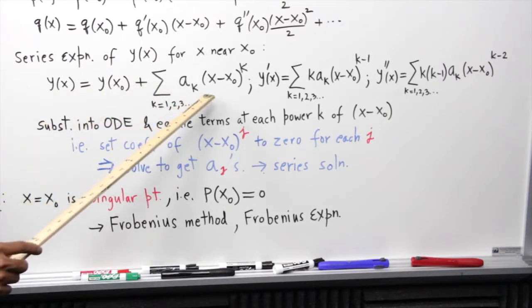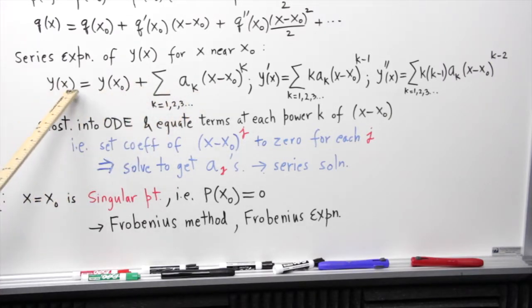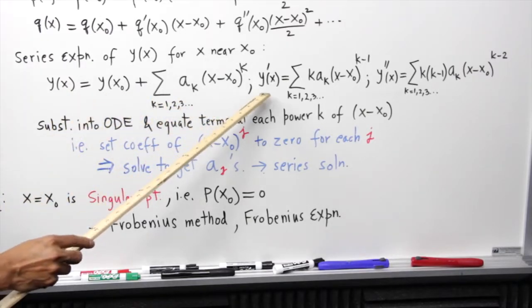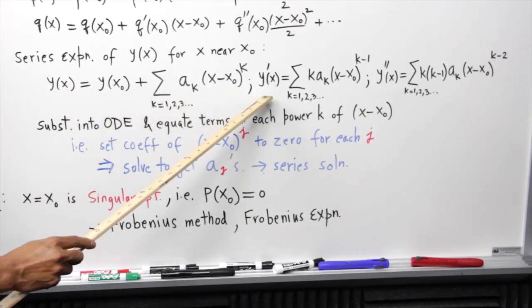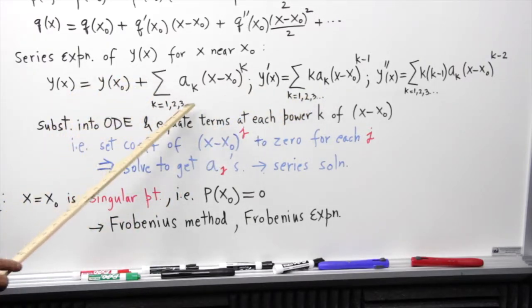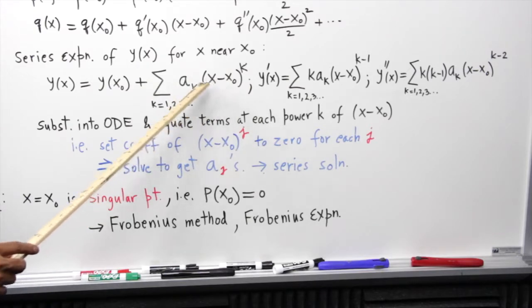Having written the solution y of x, we can now differentiate it. If we differentiate it once, we have a solution for dy/dx, which has a series expansion. Of course, the first term is a constant, so it doesn't show up, and here we have a series, which we can differentiate by differentiating each term and then summing it up.